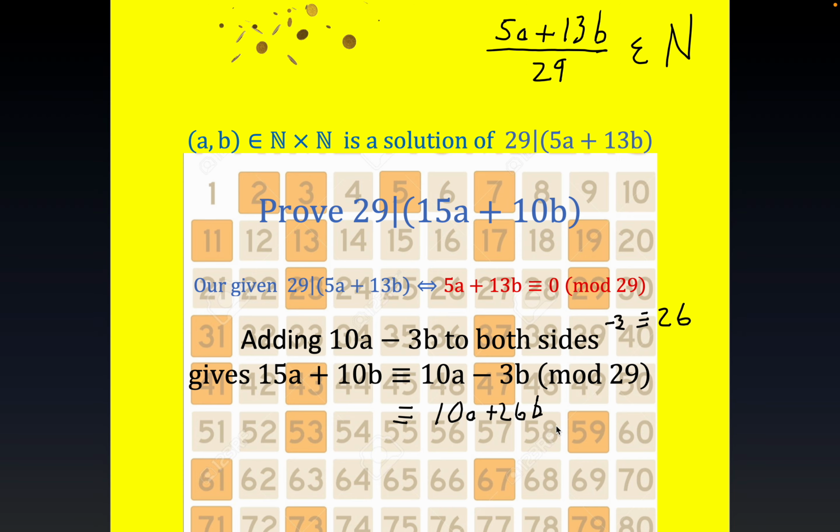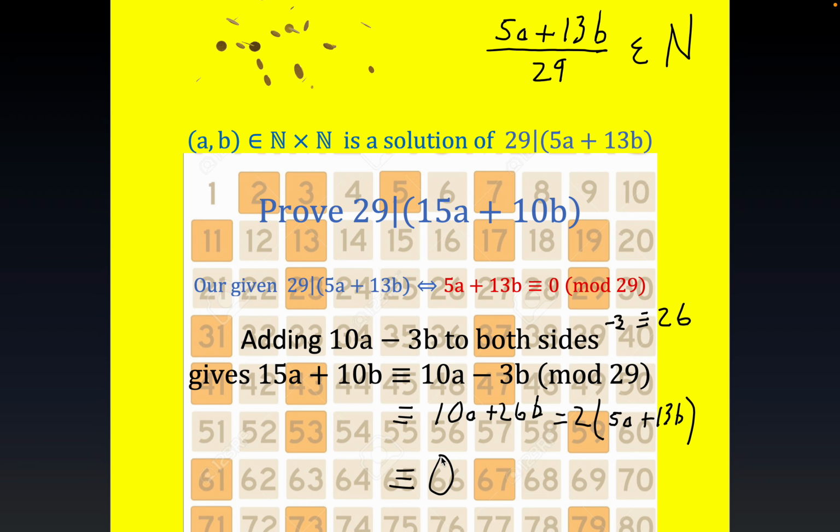Notice that this is congruent to 2 times (5a plus 13b), which is 10a plus 26b. But that's posited as being congruent to 0, so this whole thing is congruent to 0.